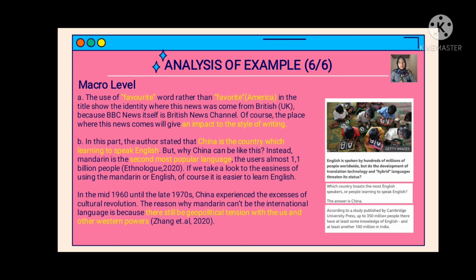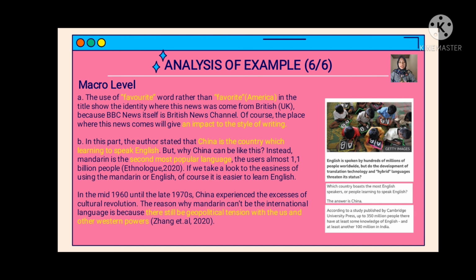And the title shows that the identity of where this news came from is British, as I stated before, because BBC News itself is a British news channel. And of course, the place where this news comes from will have an impact on the style of writing. The culture will influence the writer's writing style and some stuff like that.